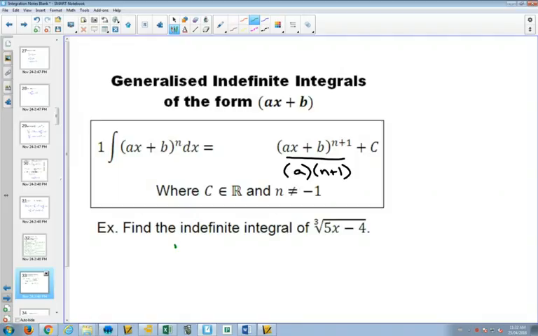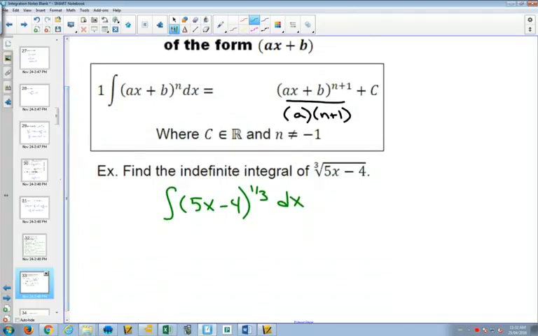So here, our first one, we're going to find the indefinite integral with the power rule. So with the power rule, we add 1 to the exponent and divide by that. We've done that already, but now we're going to have to divide by a as well, whatever that value is, because there would have been a chain rule.